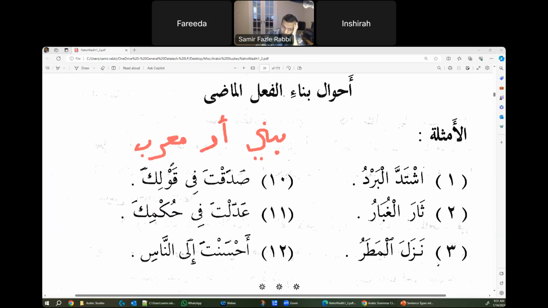So it's either mabniun or معرب. Mabniun means the ending will not change. The معرب will change. So the question to you is, regarding أحوال بناء الفعل الماضي: is the fi'l madi mabniun or is it معرب?